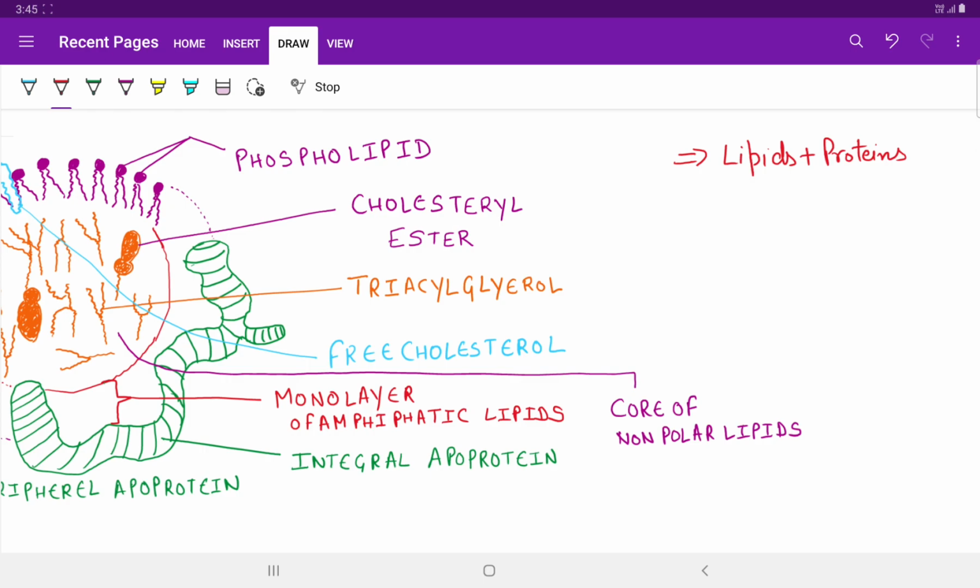They help to deliver the lipid components, acting as a transport vehicle for cholesterol. These are just examples: transfer of cholesterol, triacylglycerols or TAGs. We all know that these are also known as TAGs or triglycerides, into the blood plasma.